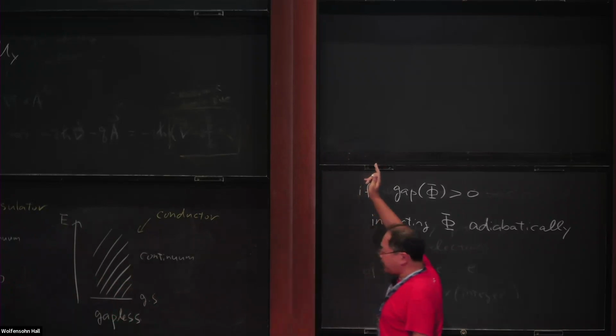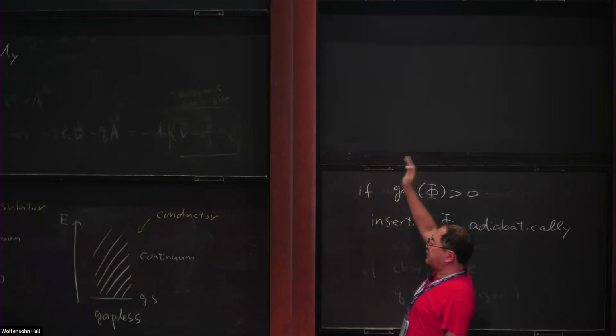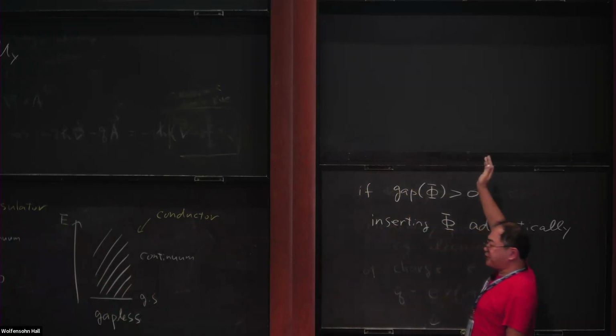Then if the gap does not close, and because at phi equals phi 0 we come back to the original spectrum, starting from the ground state, you must end up with the ground state.